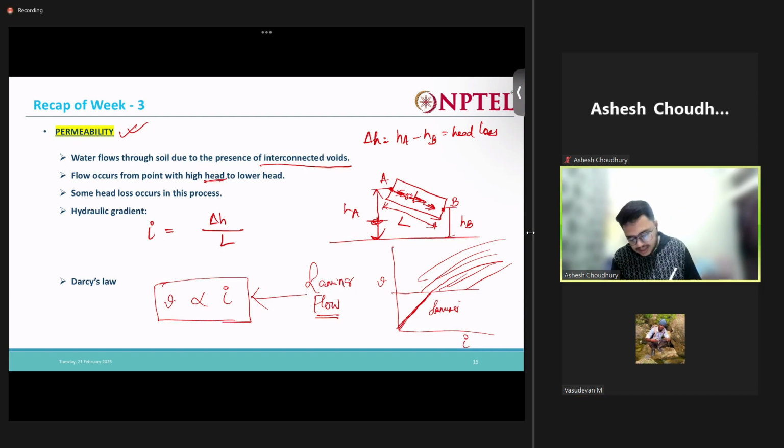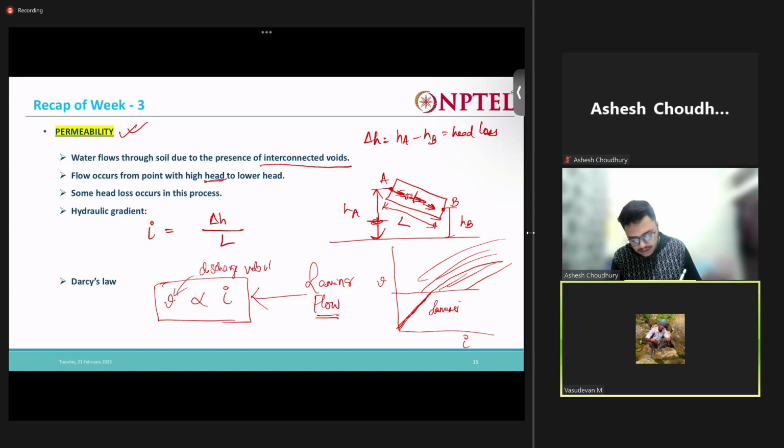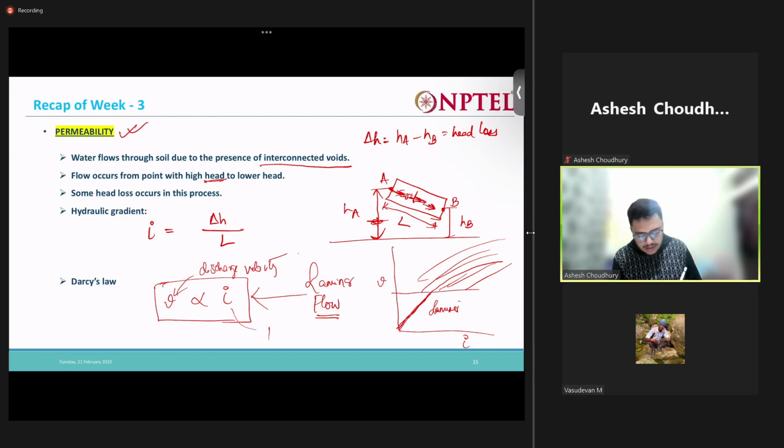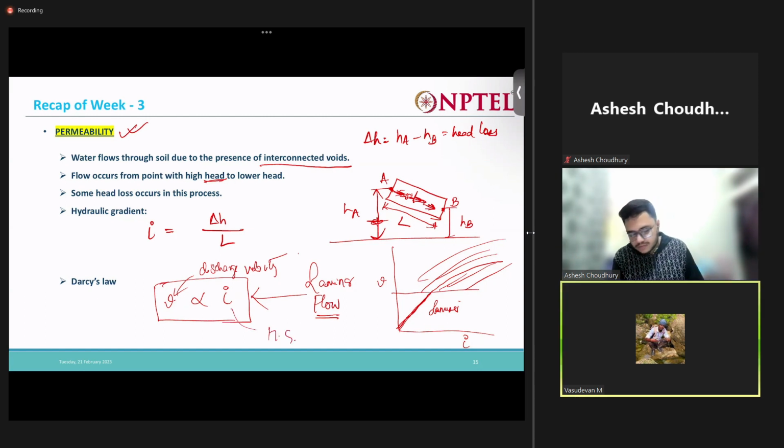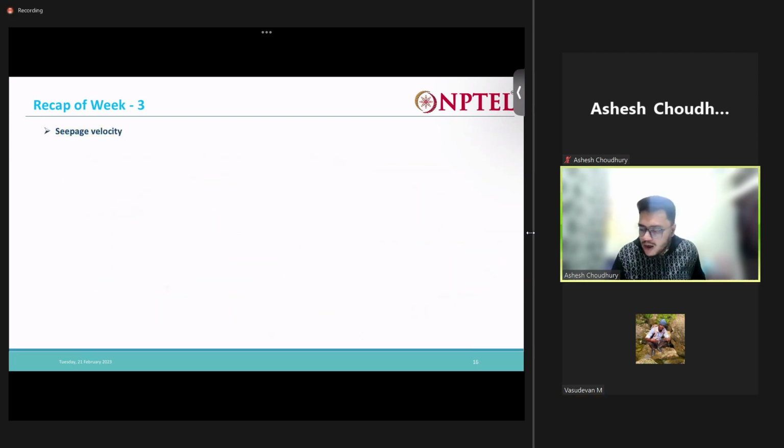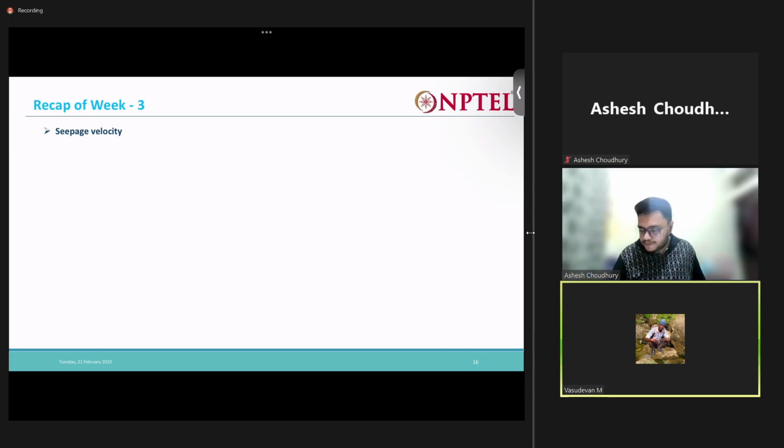So here v is called the discharge velocity, and this is my hydraulic gradient. Now one more very important term which comes is the seepage velocity.